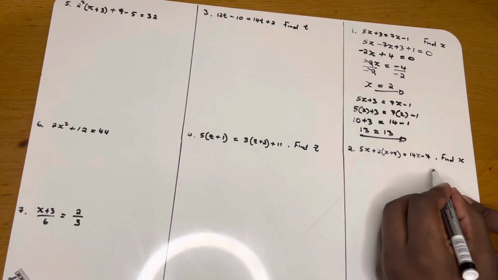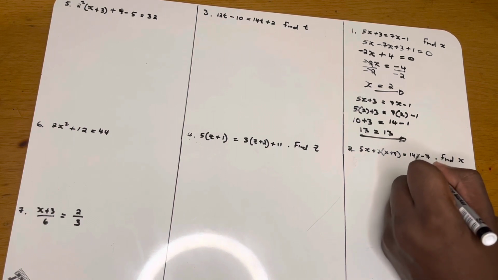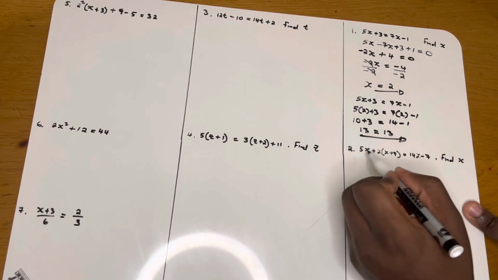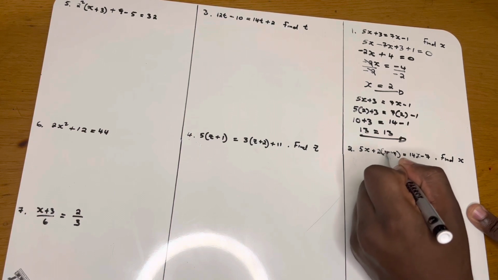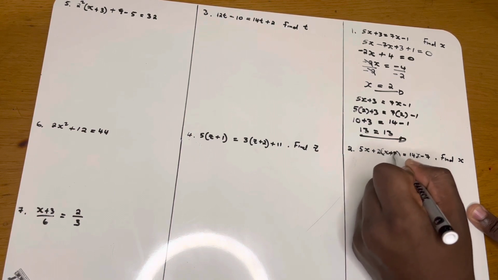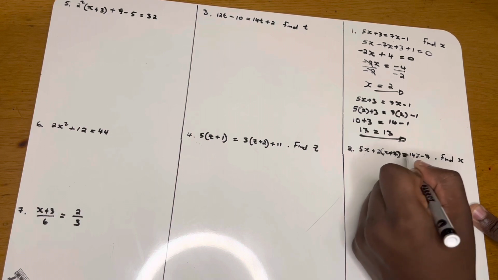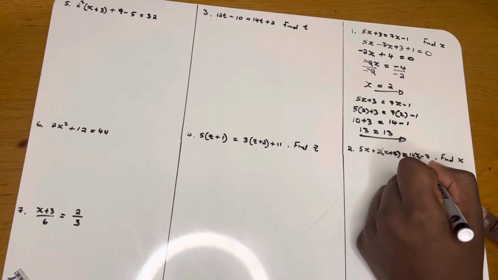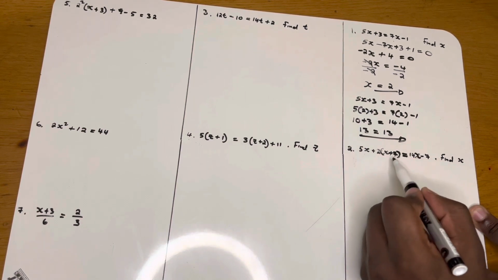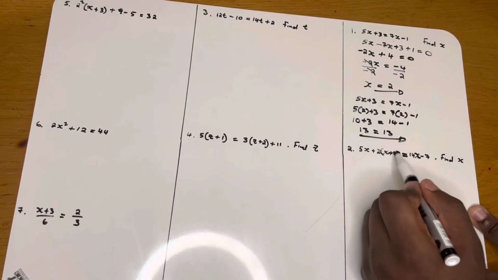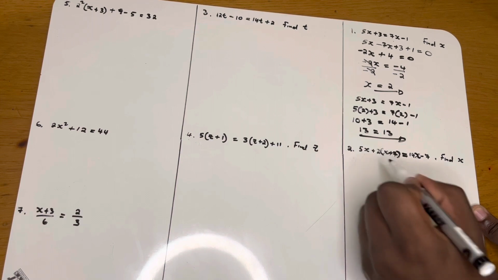Now the second equation is 5x plus 2 into x plus 7 equals 14x minus 7. So let's get that. First of all, this term we must multiply out on this term.